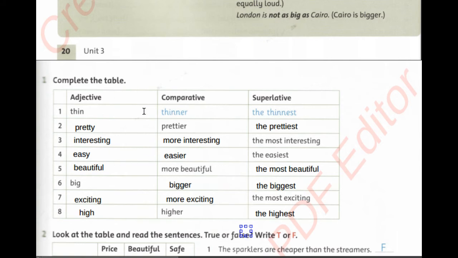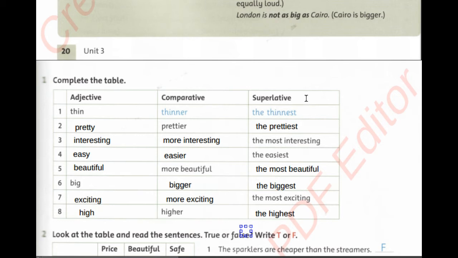The comparative of these is thinner, prettier, more interesting, easier, more beautiful, bigger, more exciting, higher.